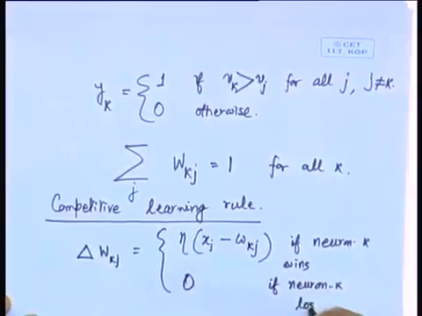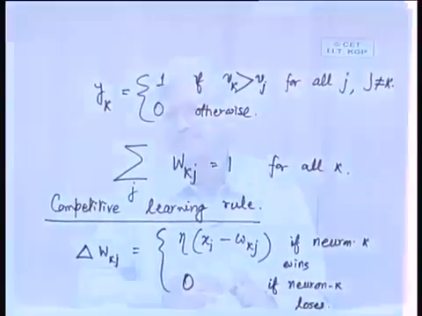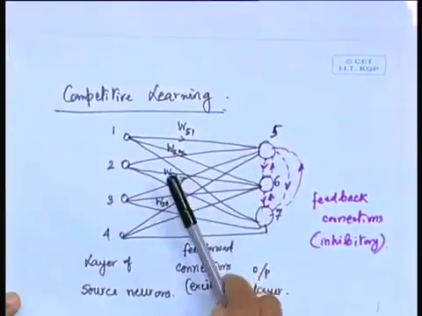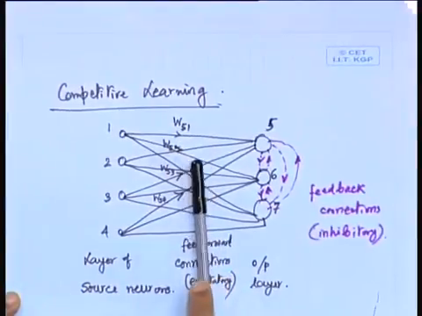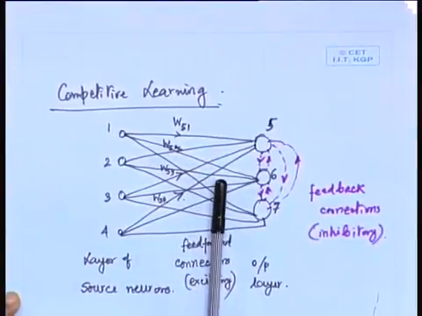Again, think of its significance. This means that we are clearly favoring the winning neuron. If the neuron is a loser, we do not bother to readjust its weights. If neuron 5 is the loser, we are going to keep W51, W52, W53 and W54 as they are, without any modification.